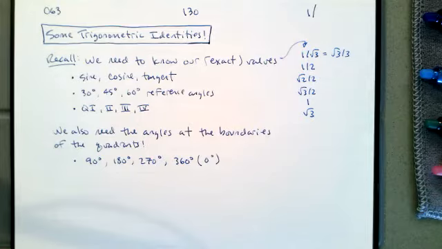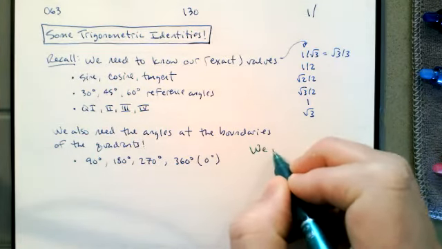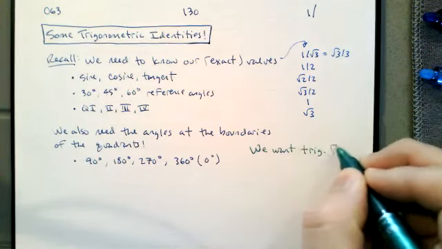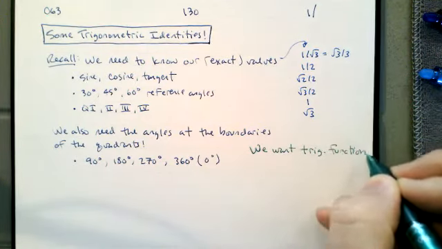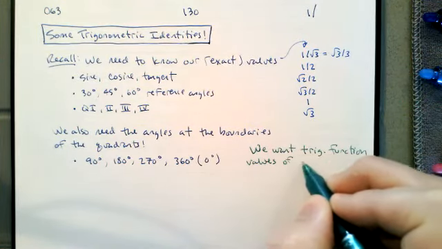The reason that we want to be able to do this is that we want to be able to calculate sine, cosine, and tangent for any angle, not just an acute angle, not just an angle between 0 and 360, but any angle. So that's the idea. We want trig function values of any angle.